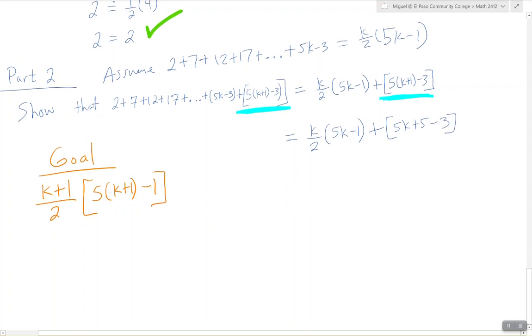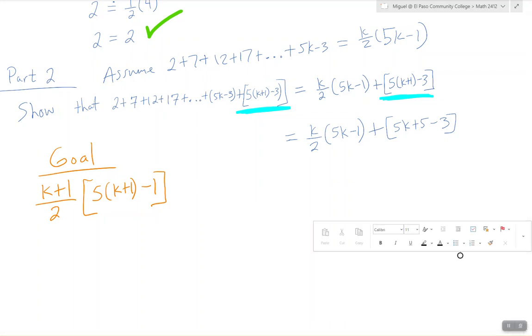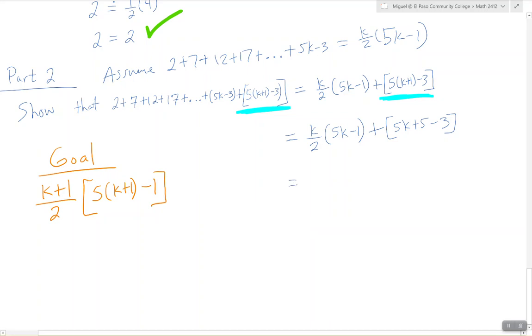So that's going to become 5k plus 2. Okay. What else can we do?